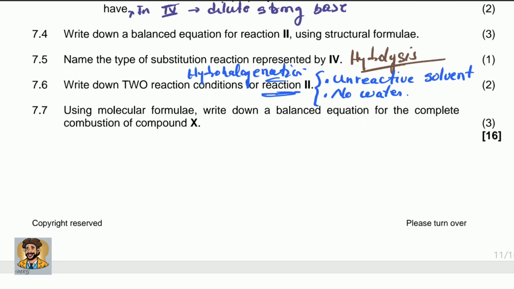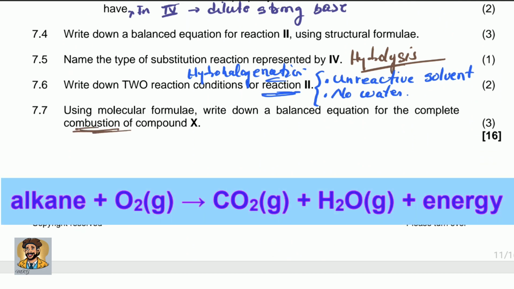So now, combustion. Combustion is also simple. There is a video on that one. I'll try to leave the link below for you guys here. But now, this is easy to get marks here. Combustion of compound X, an alkane: you will add O2, that is always the reactant, and you will get H2O as well as CO2. That is the general equation.